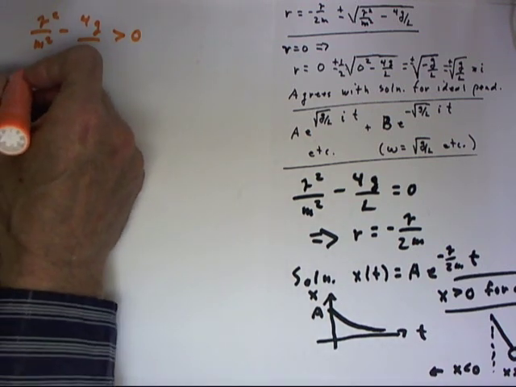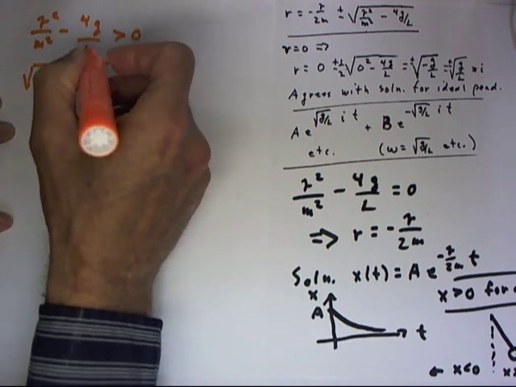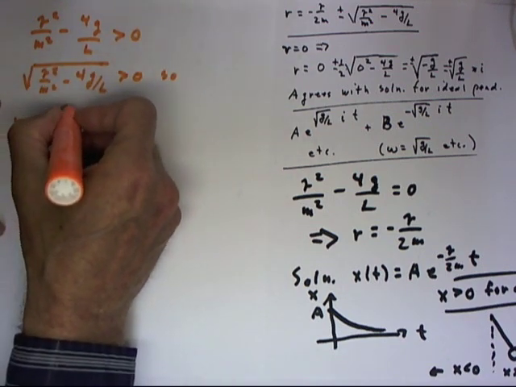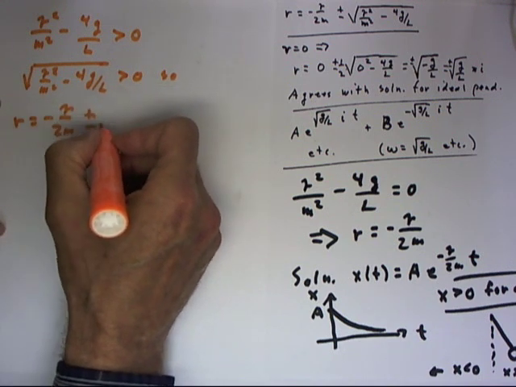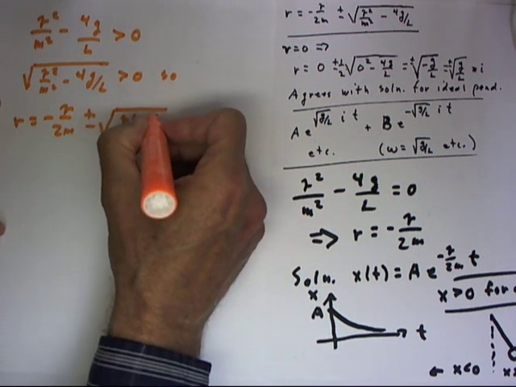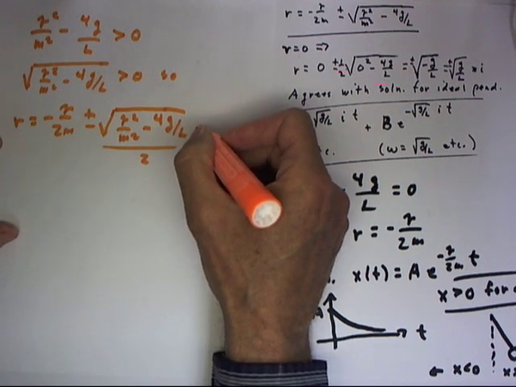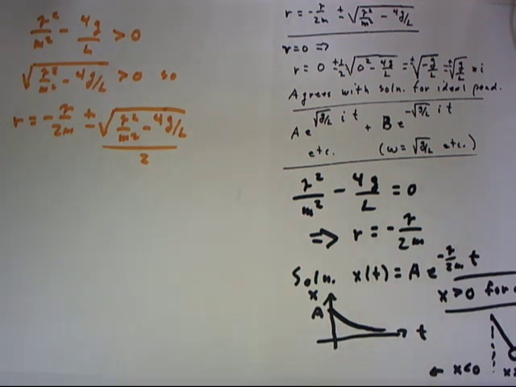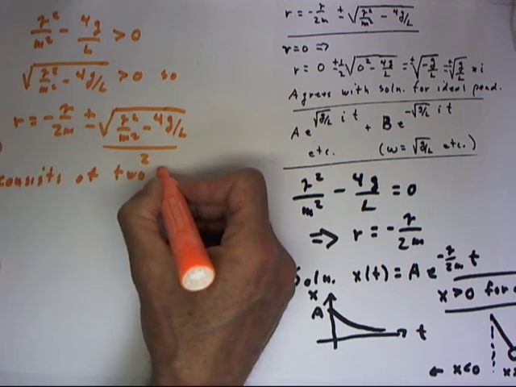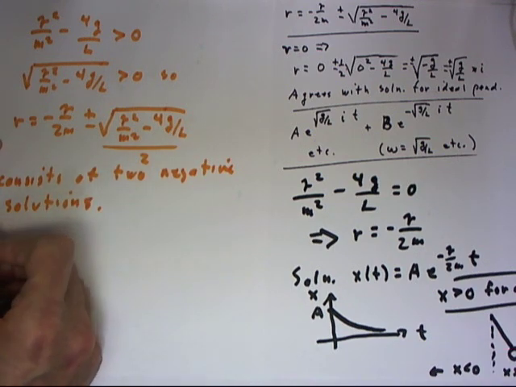In that case, the square root of this term, I won't read it to you as I write it, is greater than 0, so that our solution for r, which is negative gamma over 2m plus or minus, left off my 1/2 again, okay, I'll just put it over 2, will consist of 2 negative solutions.